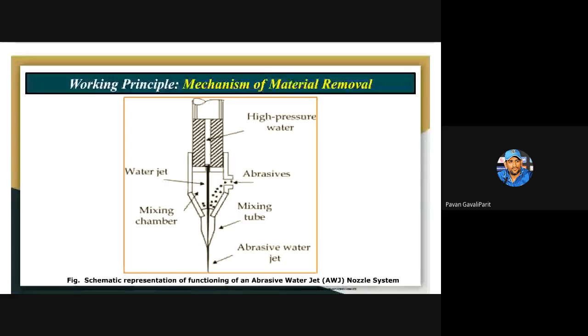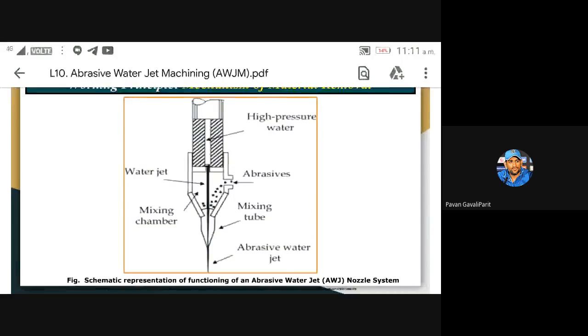In this schematic diagram, I have shown the abrasive water jet cutting system or machining system. Normally this process is used for cutting, so sometimes it is also known as the abrasive water jet cutting system. Here you can see a high power water tube at the top, and through this tube water at very high pressure is supplied.